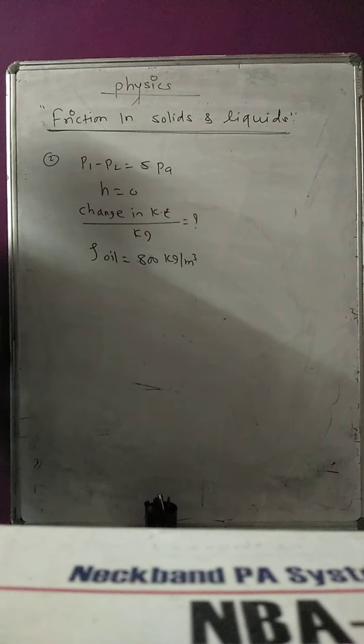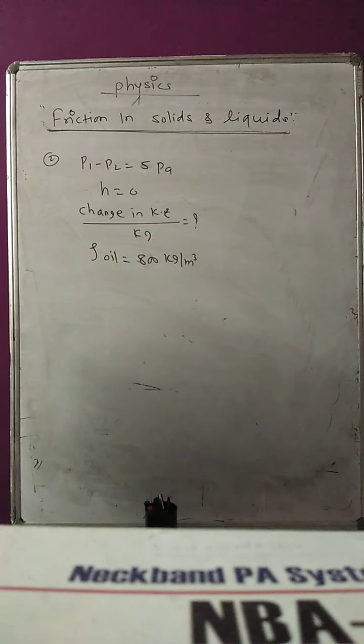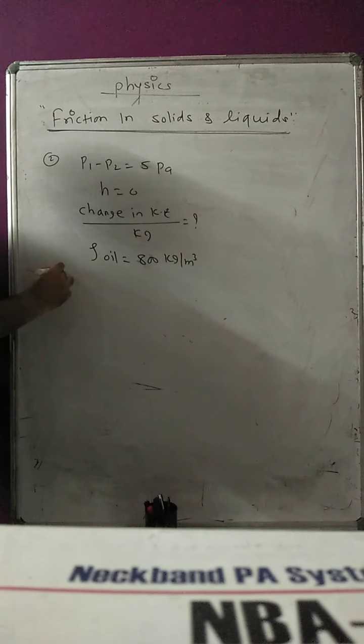Now I have the relation of kinetic energy per unit mass. According to Bernoulli's principle, pressure energy per unit mass is PV upon m, volume upon m, mass upon volume will be density, so P by rho.